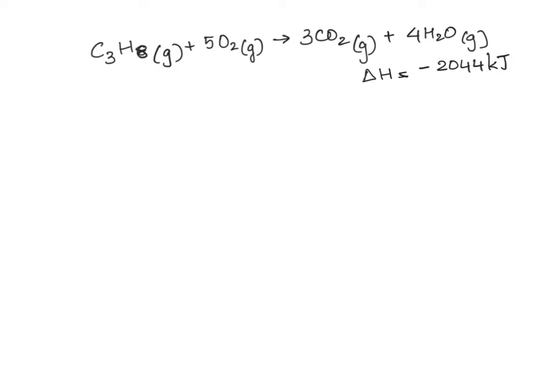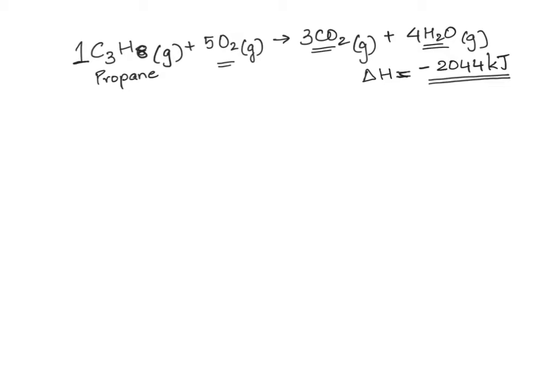What does this mean? C3H8 is propane. This means that for every 1 mole of propane reacting with 5 moles of oxygen to yield 3 moles of carbon dioxide and 4 moles of water, there is a release of 2044 kilojoules of energy, of heat.